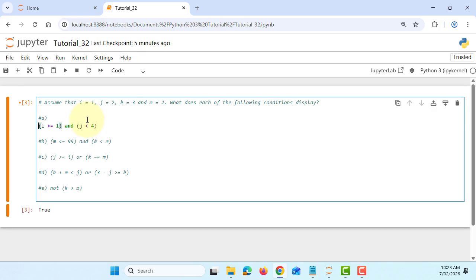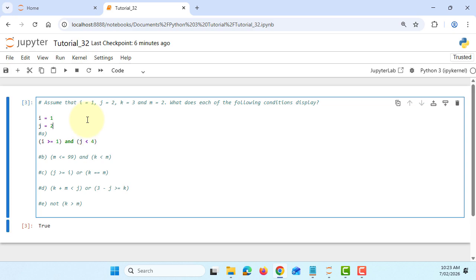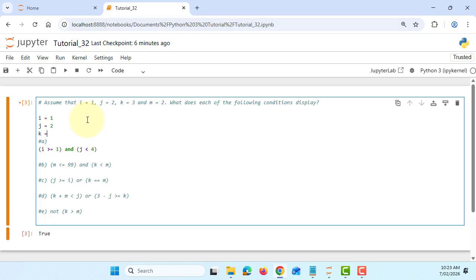This is actual questions, okay. So let's say assuming that i equal to 1, j equal to 2, k equal to 3. So what will happen here? Okay, that's the question for A.